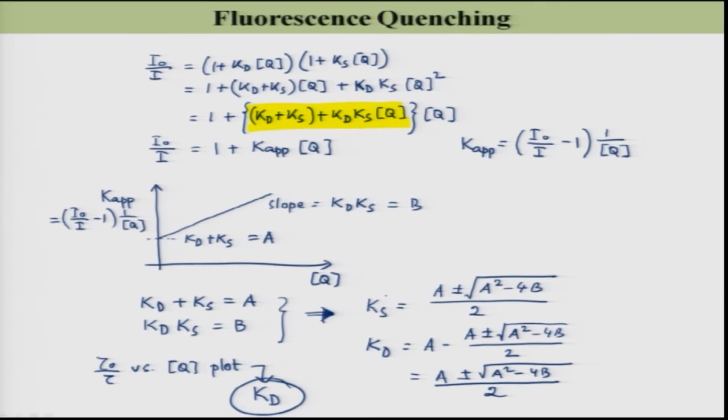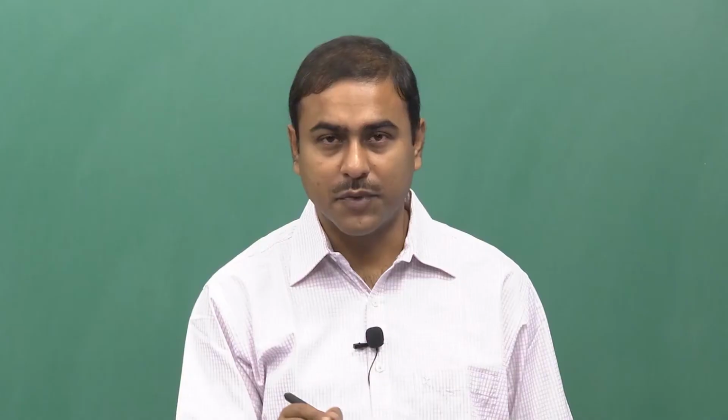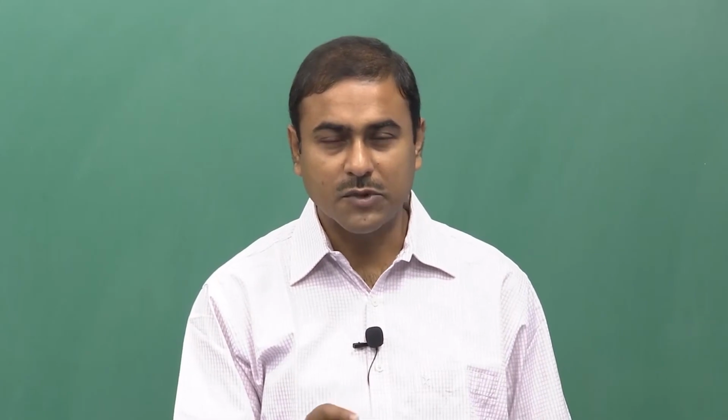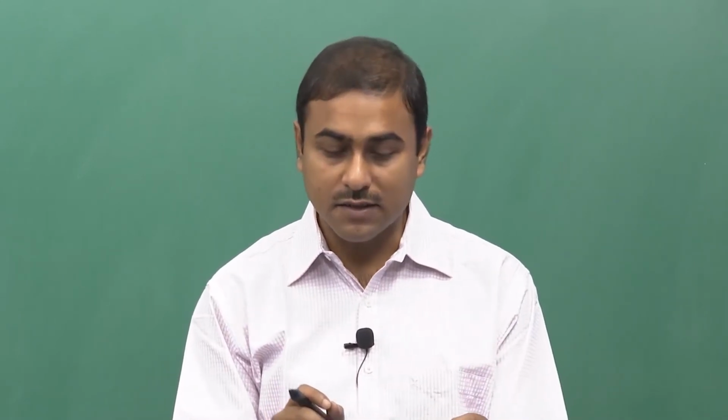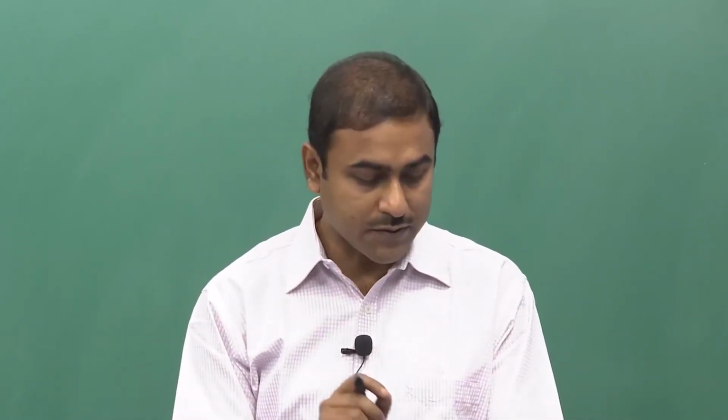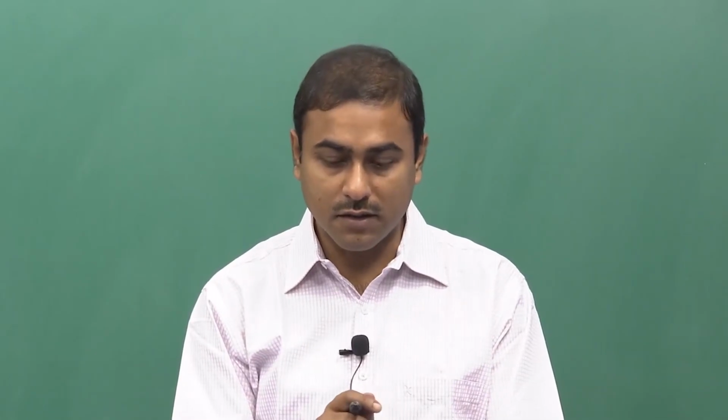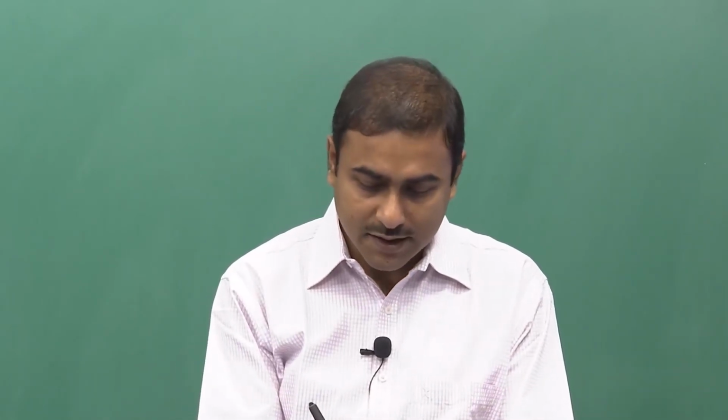But sometimes what people have found is that the value of K S obtained by such a procedure comes out to be too small, too tiny a value. And if this equilibrium constant is because of the complex formation, then this K S is F Q by F into Q. If this is a complex formation and the complex is stable, the equilibrium should be shifted to the right side.